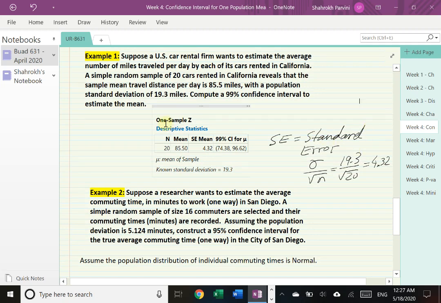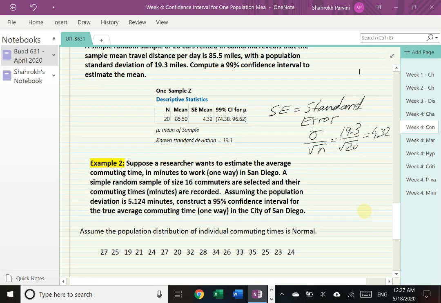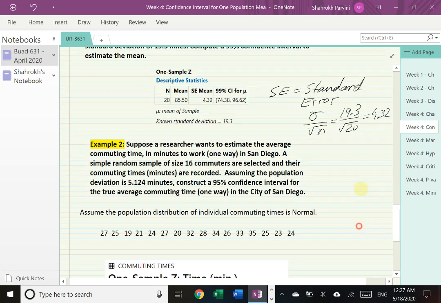We have summary information. Summary means somebody gave us the mean, the sample size, and the standard deviation. We don't see the actual scores, those 20 raw numbers. Whereas in example 2, you're looking at those individual commuting times.